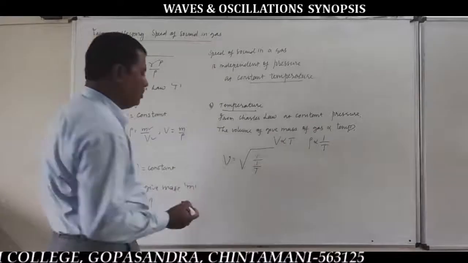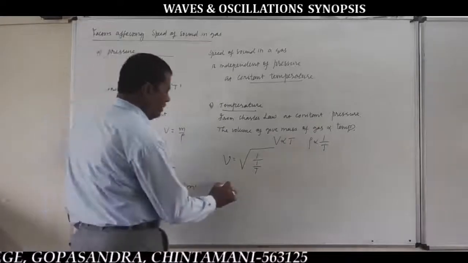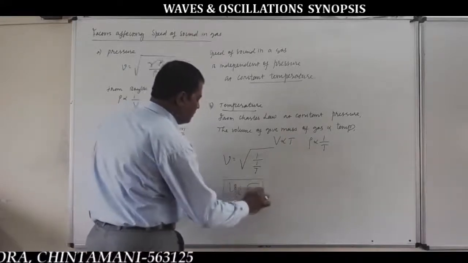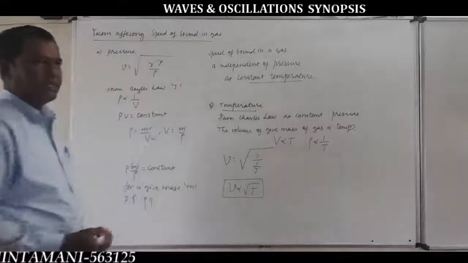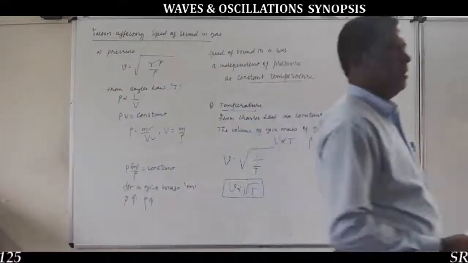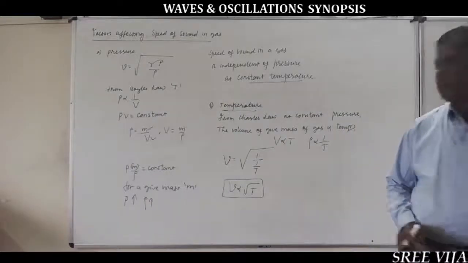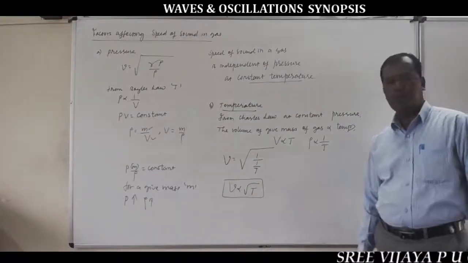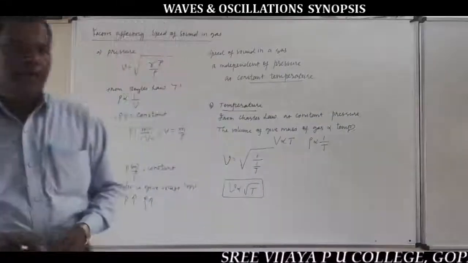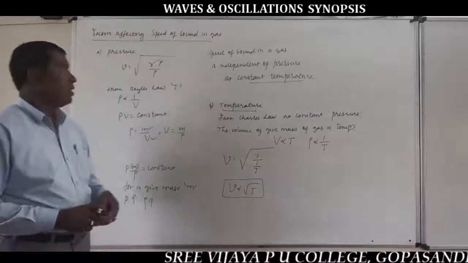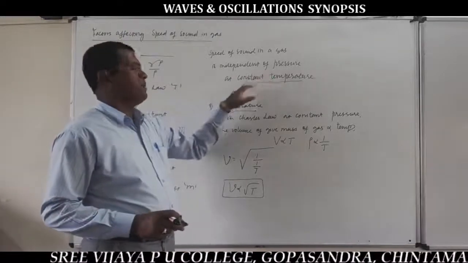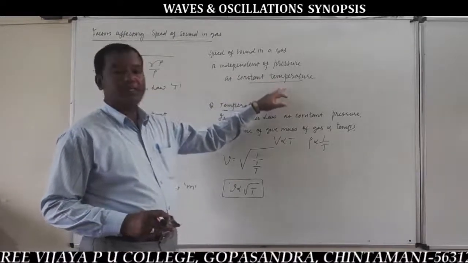So v is equal to root of T, that is, the speed of sound in a gas is directly proportional to square root of absolute temperature. But when you consider pressure, speed of sound in a gas is independent of pressure provided temperature is constant.